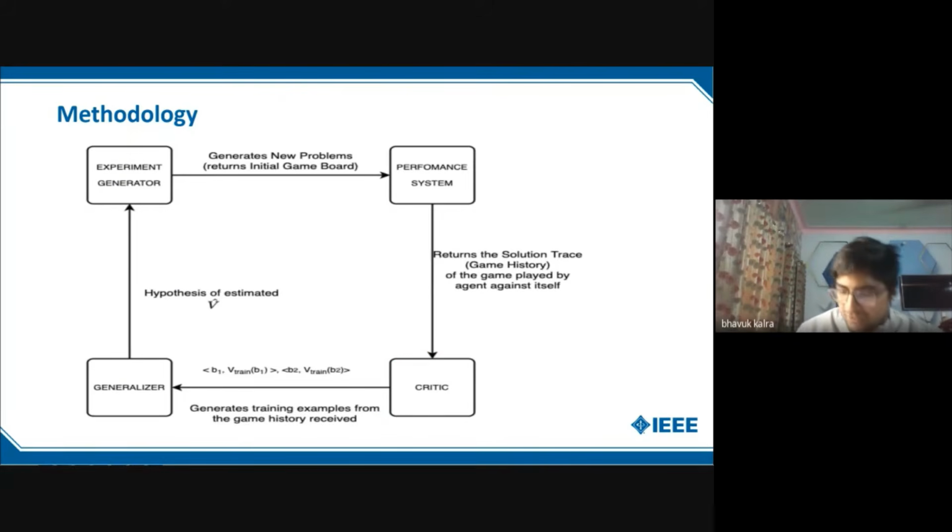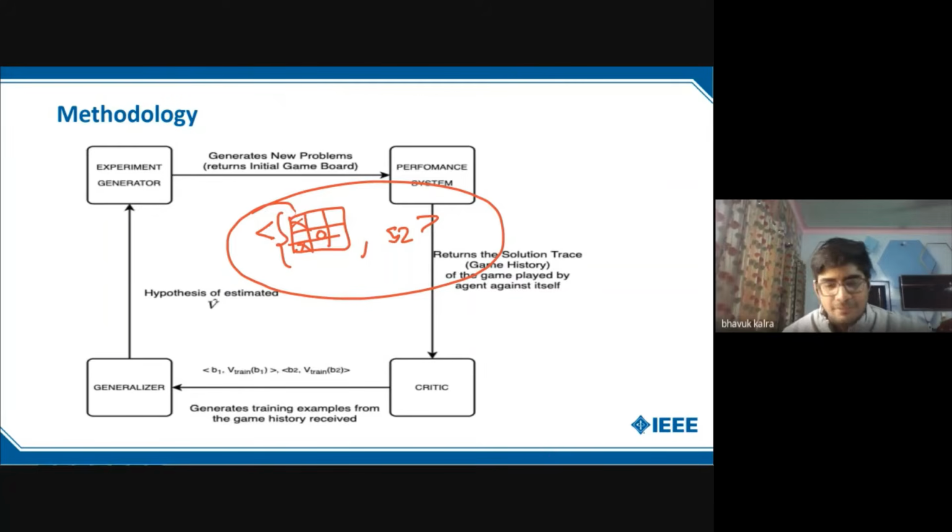A training example is a vector of 2, which will have the board state. For example, this is a sample board state, and it is currently favoring x, because x is going to win in this. And there you have the utility value for this as well. For example, the utility value came out as 52 in favor of x. So this is a training experience that the agent is using.